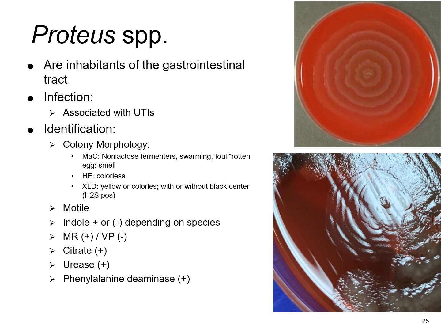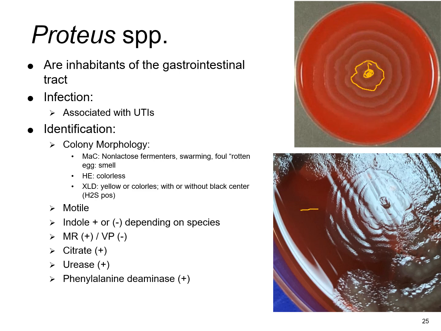I don't necessarily get that smell. With these organisms, though, they are very characteristic because they have a swarming motility on the agar plate. You can see where the colony starts in the center and then works its way out. So you get this weird fried egg type appearance around the edges.